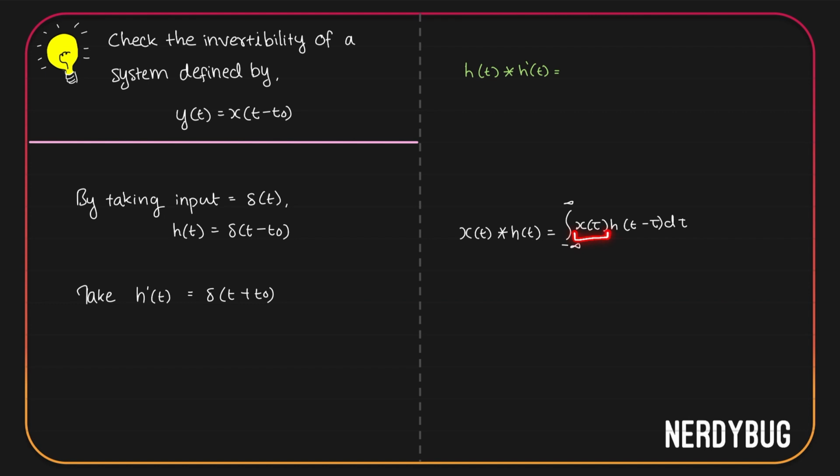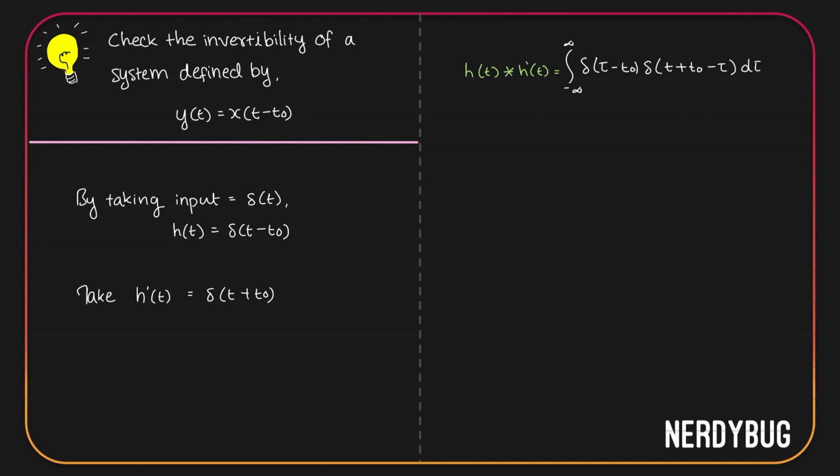We have to write it as a function of tau, so integral from minus infinity to infinity delta of tau minus t naught. The second function is to be written like this, h of t minus tau. But instead of h of t, here we have delta of t plus t naught. h of t became h of t minus tau, so delta of t plus t naught should become delta of t plus t naught minus tau. Here we can write delta of t plus t naught minus tau d tau.